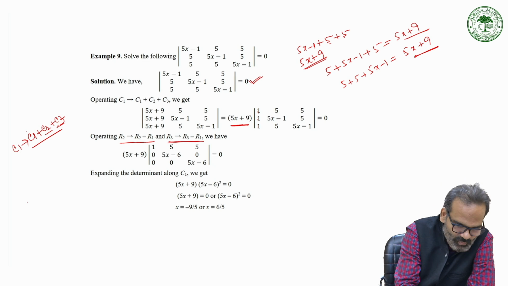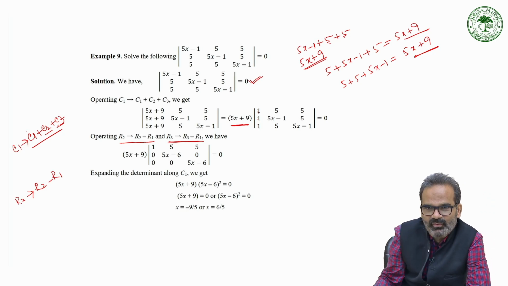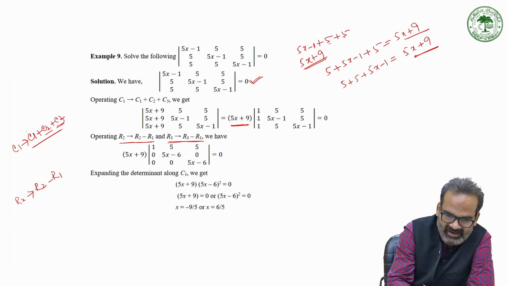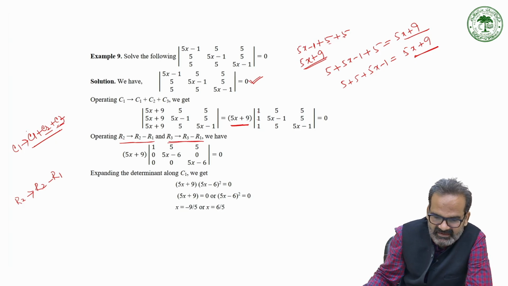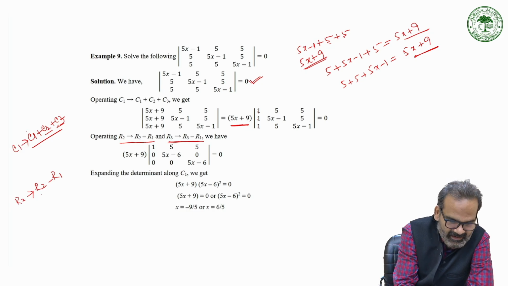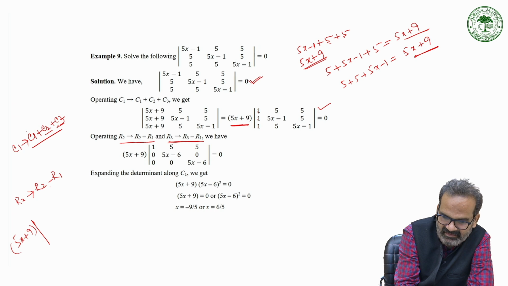See, R2 minus R1 means we are subtracting row R1 from row R2. So what will you get here? Row R1 will remain as it is. This is our determinant. Sorry, 5x plus 9 will remain as it is without any change. What we will get here for R2 minus R1? What is R2?